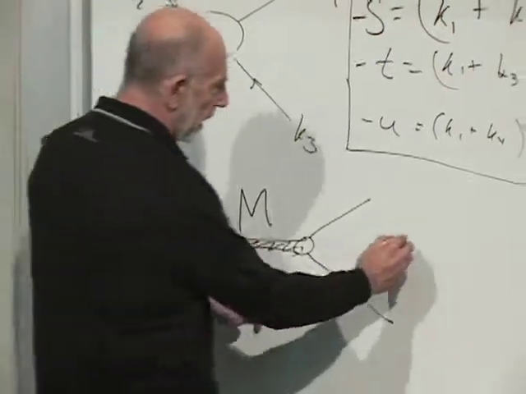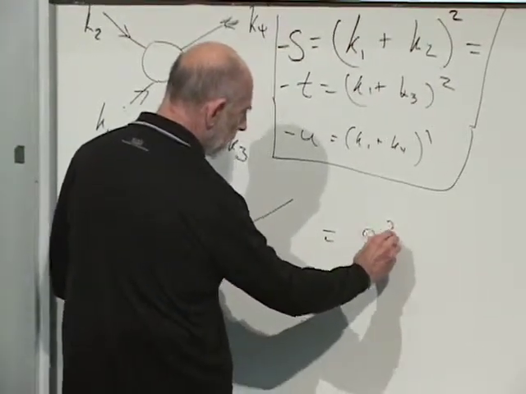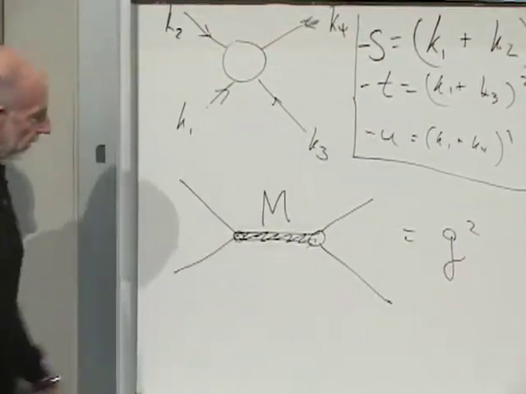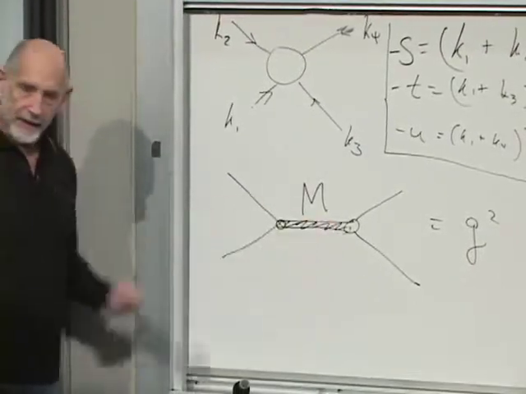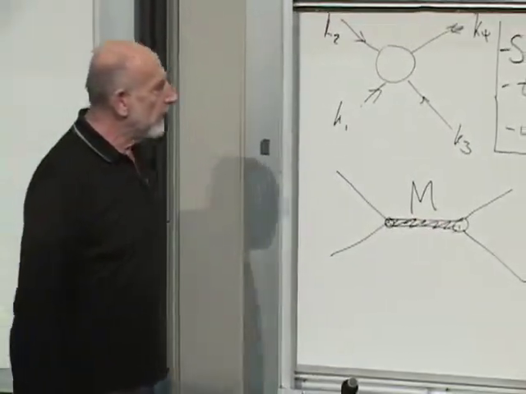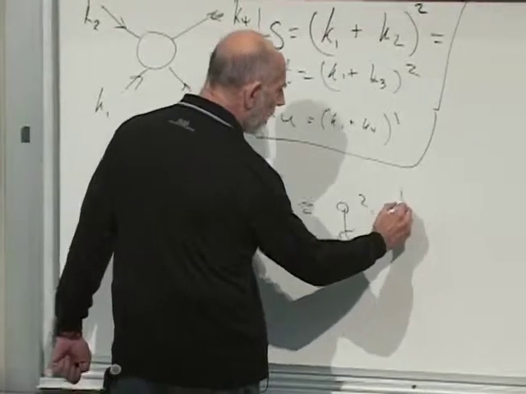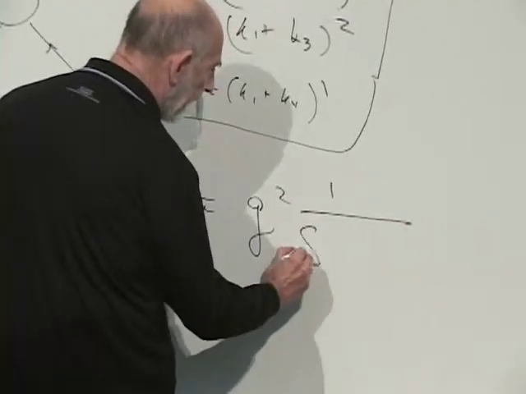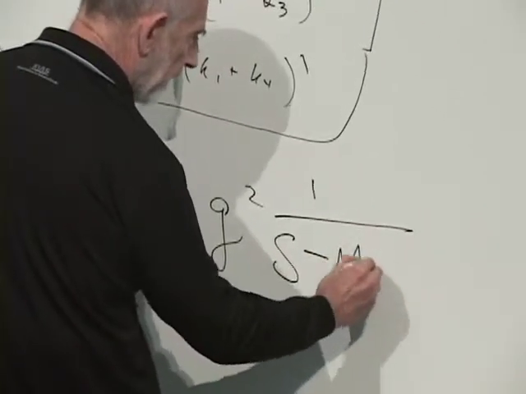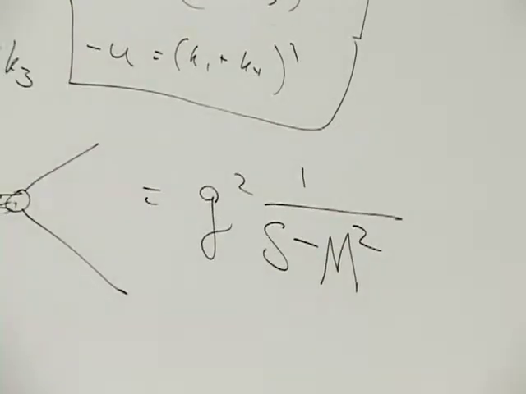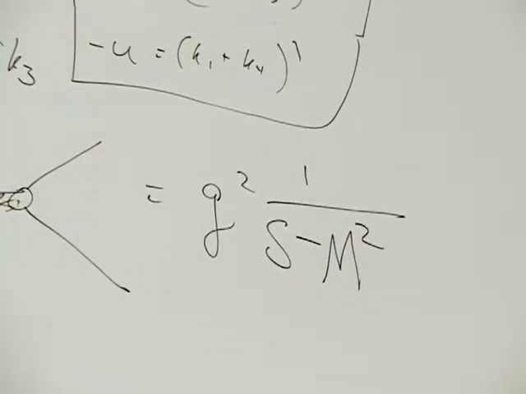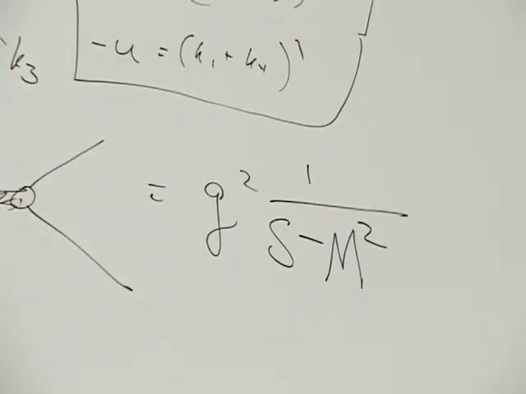It's the product of two coupling constants. There are always coupling constants in Feynman diagrams. And then there's the propagator of the particle in between, and that has a very simple form. 1 divided by s minus capital M squared.